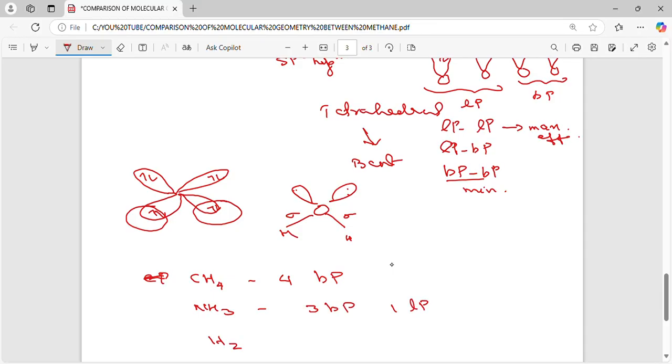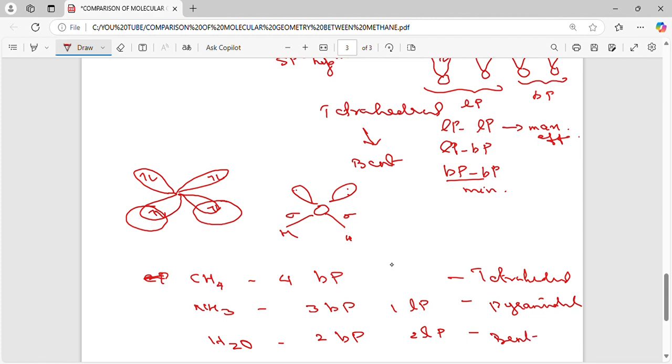In water, 2 bond pairs and 2 lone pairs. Because of the number of lone pairs, the molecular geometry is also different. CH4 is tetrahedral geometry, NH3 is pyramidal or trigonal pyramidal geometry, and water is bent.